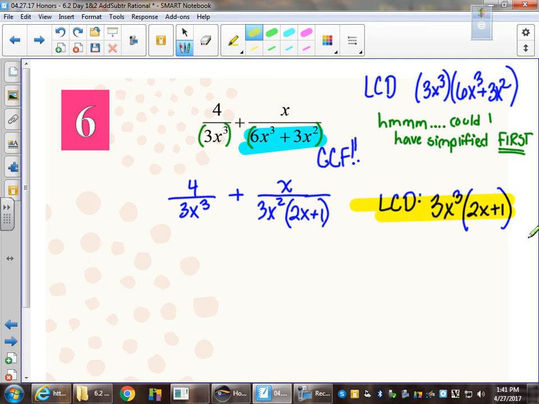That is the least common denominator we are going to work towards. So let's do that. We've got 4 divided by 3x to the third. I've got the 3x to the third. I don't have that 2x plus 1 piece.